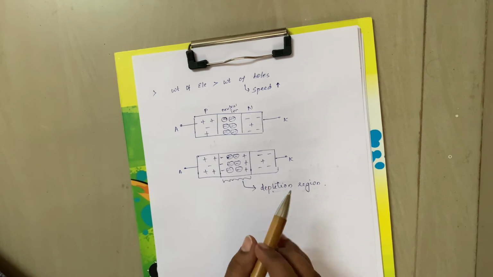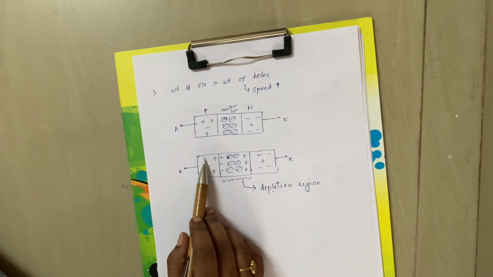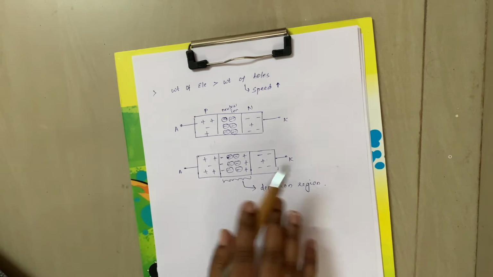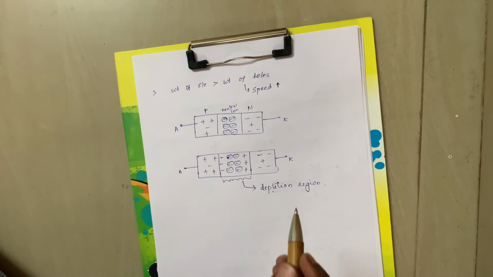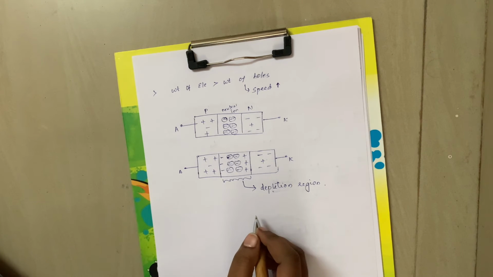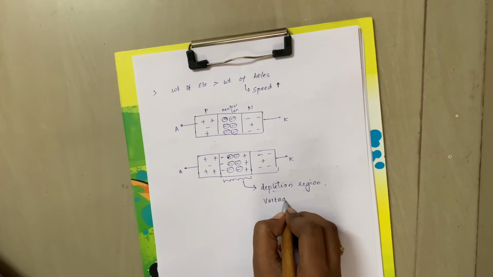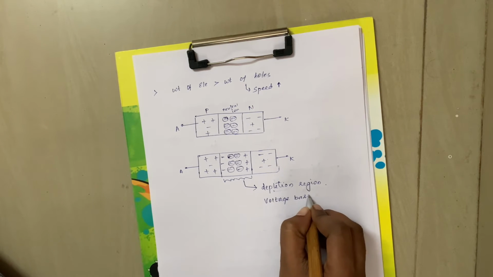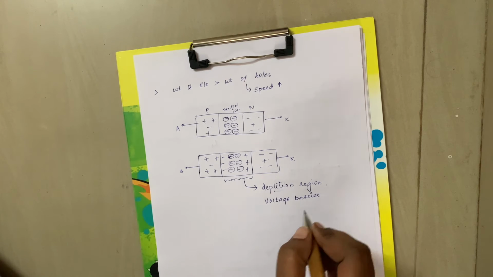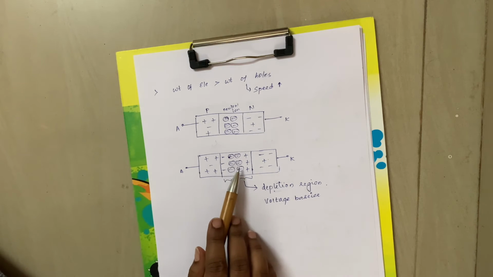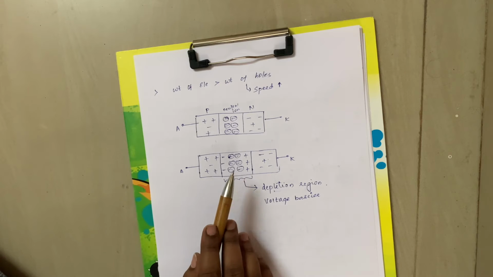So remaining electrons will stay here and remaining holes will stay here, and there is no movement further, and at that point there comes a potential difference, and that potential difference is known as voltage barrier. So this is the voltage which is caused at the depletion region.